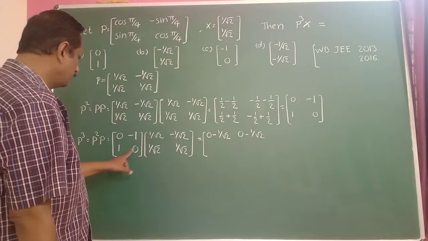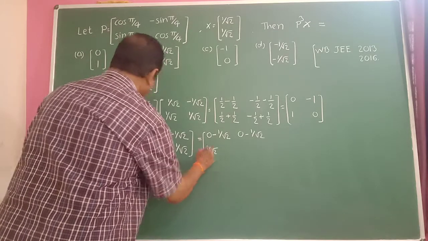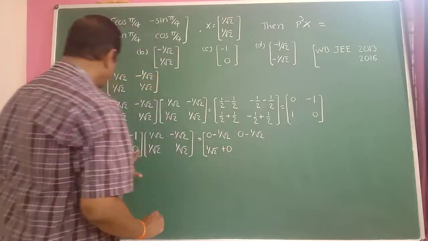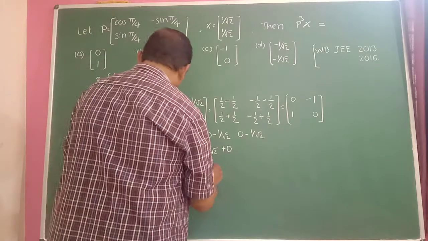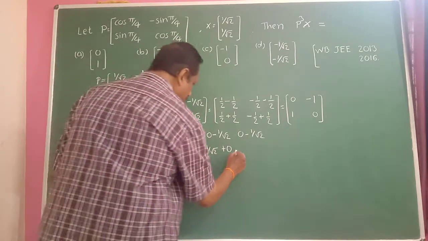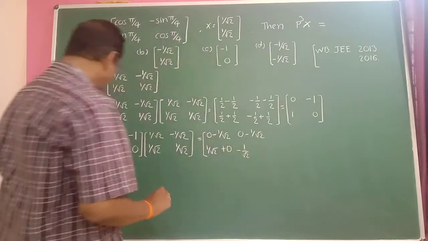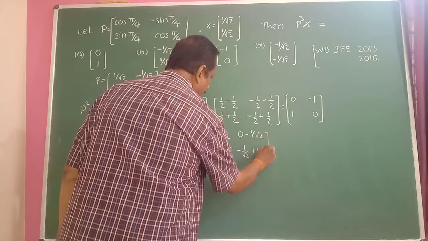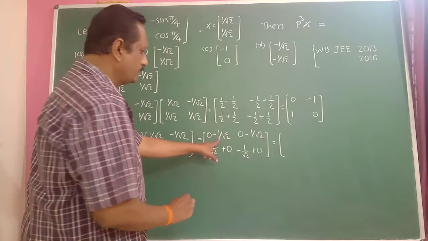Then 1 into 1 by root 2, so 1 by root 2 here. 0 into this is a 0, so plus a 0 here. Then this into this column here: 1 by root 2, minus 1 by root 2. 1 into minus 1 by root 2 is minus of 1 upon root 2 here. Then 0 into this is a 0, so plus 0. Therefore this is equal to minus 1 by root 2 here.